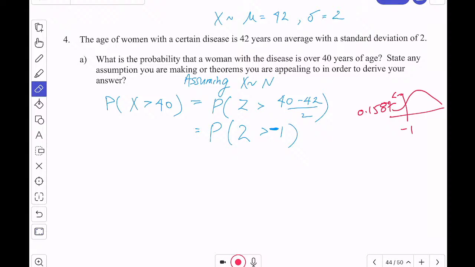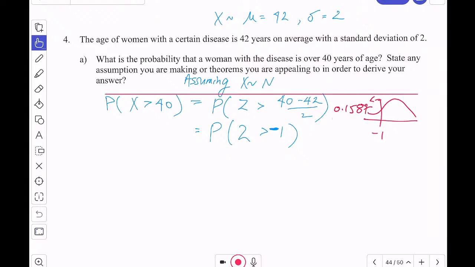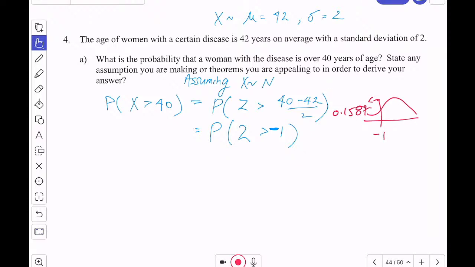That's a -1. That's why it was wrong. And you were right. So I want to go greater than -1. Since this is on the table, I do 1 minus.